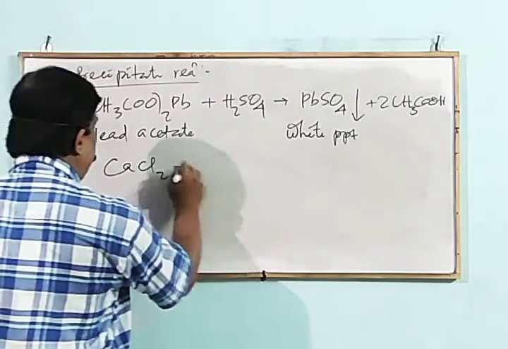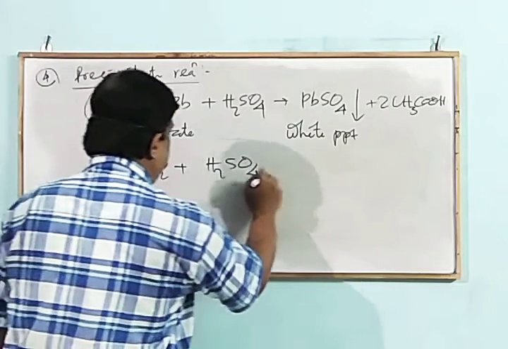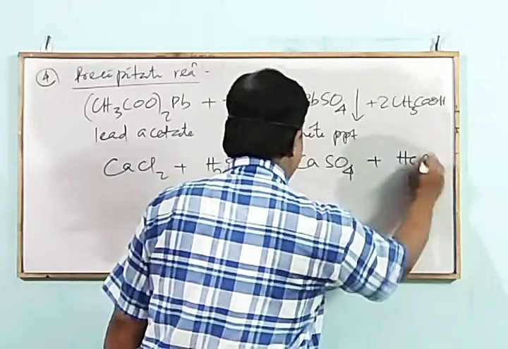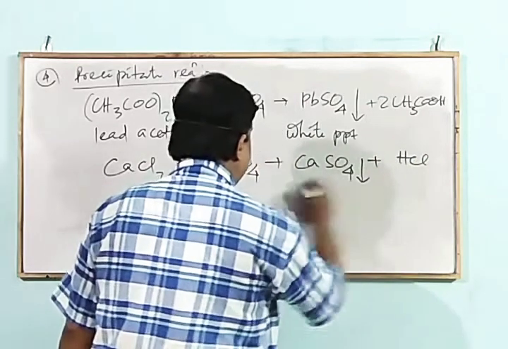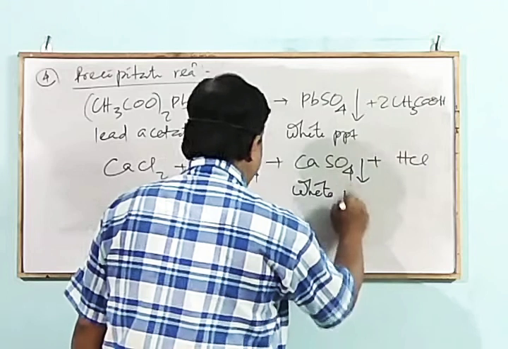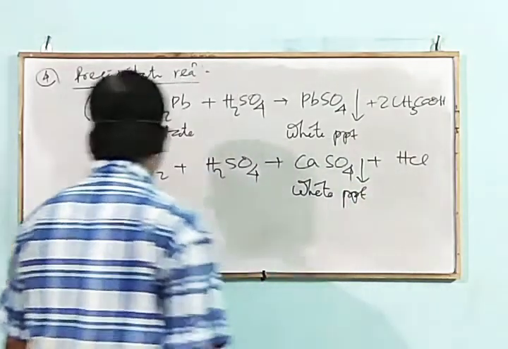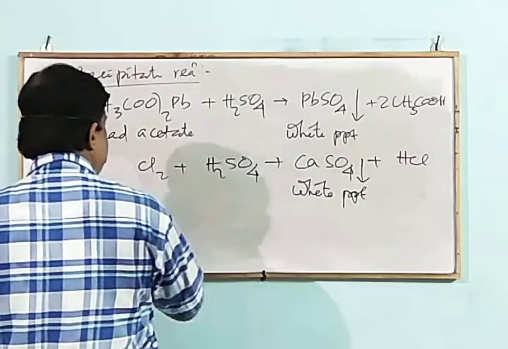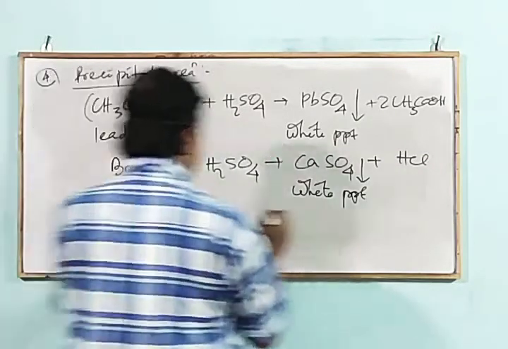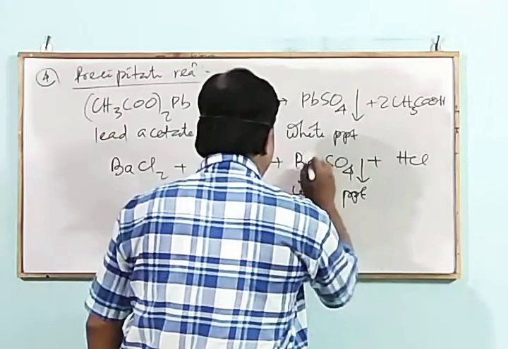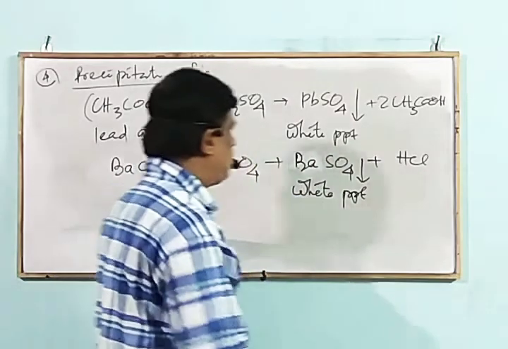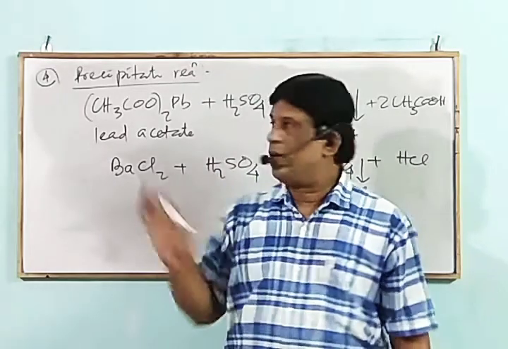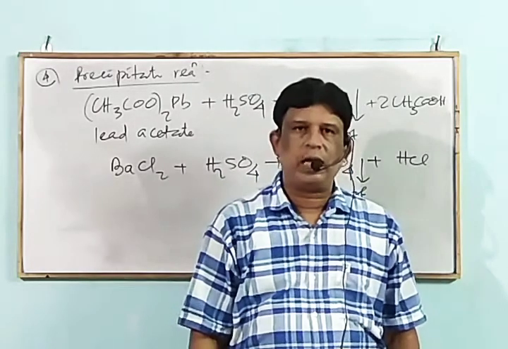Calcium chloride plus sulfuric acid gives calcium sulfate plus HCl. It is a white precipitate. Barium chloride plus sulfuric acid gives barium sulfate, a white precipitate, plus hydrogen chloride. These are some examples under the precipitation reaction.